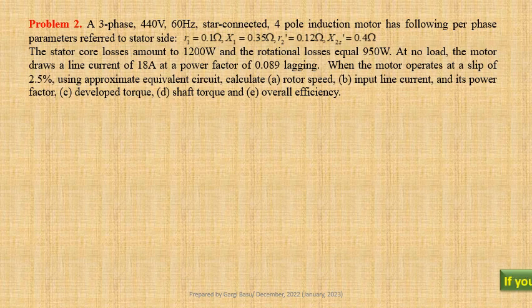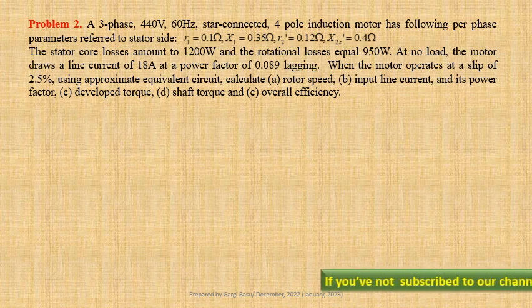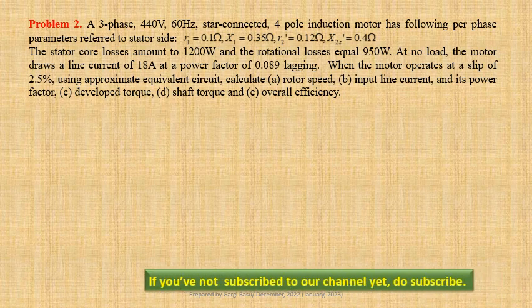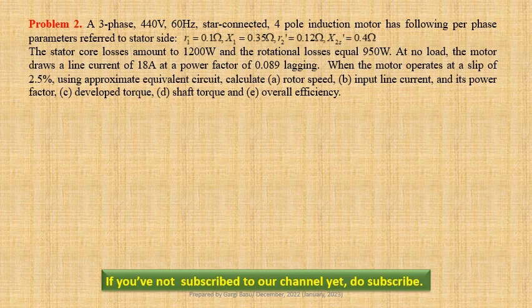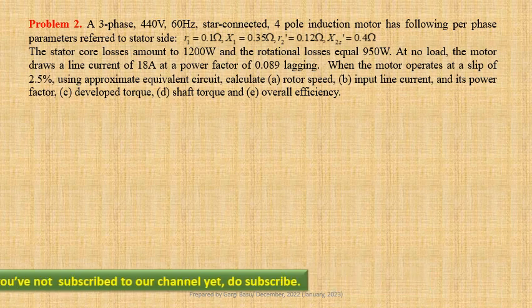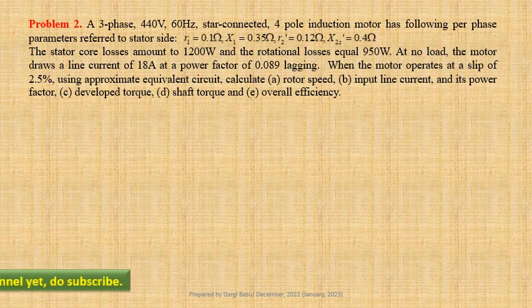A three-phase 440 volts 60 Hz star-connected 4-pole induction motor has following per-phase parameters referred to stator side. R1 equals to 0.1 ohm, X1 equals to 0.35 ohm, R2 dash equals to 0.12 ohm, and X2s dash equals to 0.4 ohm. The stator core losses amount to 1200 watts and the rotational losses equal 950 watts.